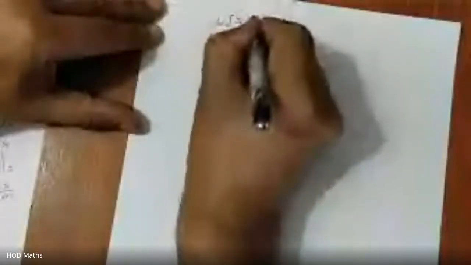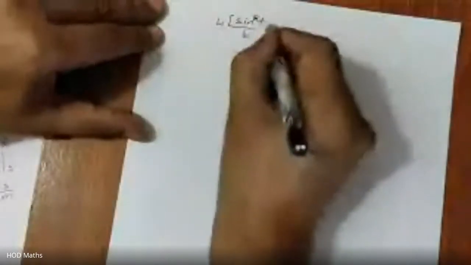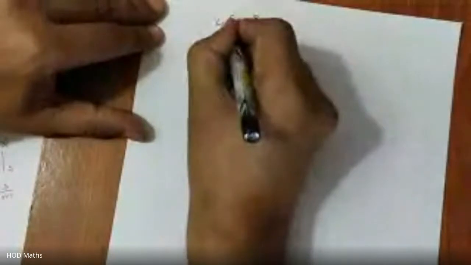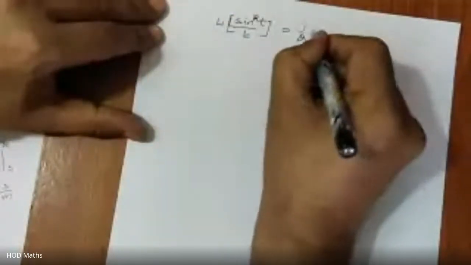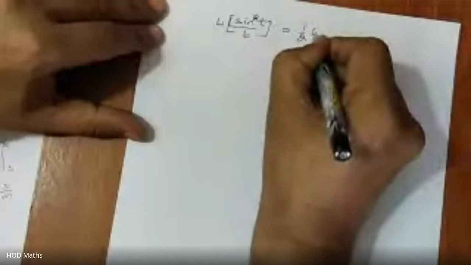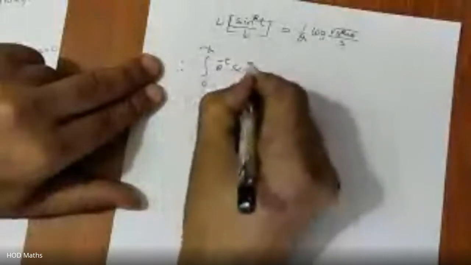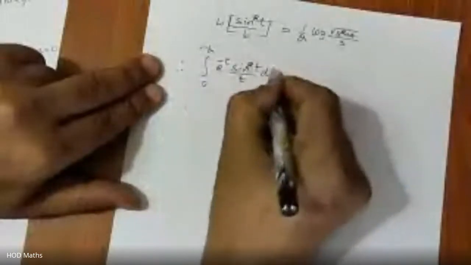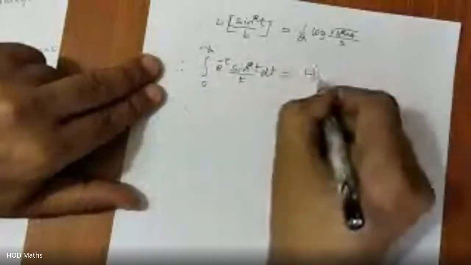Therefore, the Laplace transform of sine squared t by t will be equal to 1 by 2 log of under root s squared plus 4 divided by s. Therefore, the integral of e power minus t sine squared t by t dt is the Laplace transform at s equal to 1.